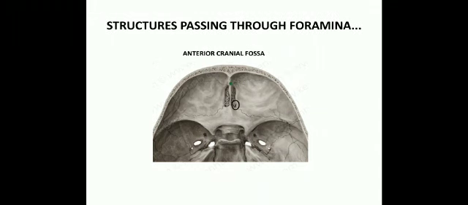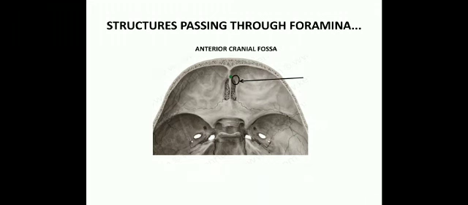The posterior ethmoidal canal transmits the posterior ethmoidal vessels. The anterior ethmoidal canal transmits the anterior ethmoidal vessels and the nerves.